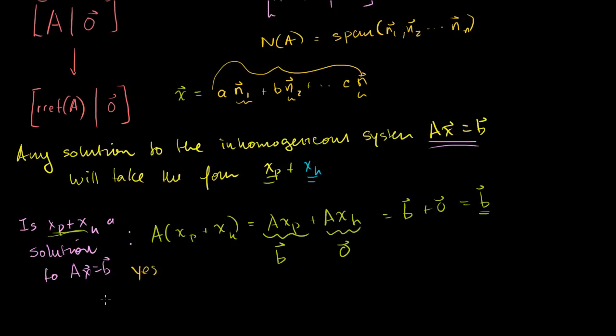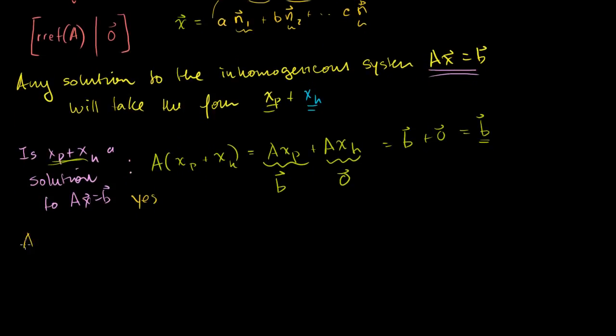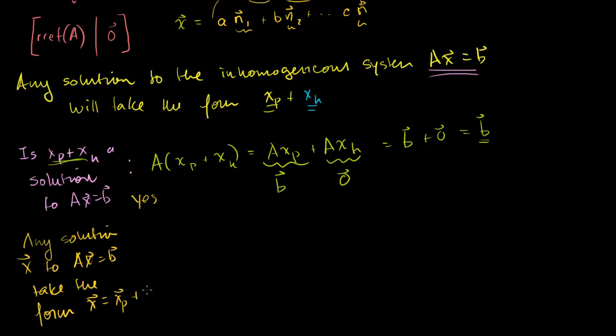Now the next question is, does every solution to the inhomogeneous system take this form? So does any solution x to AX equal to B take the form x is equal to some particular solution plus a member of our null space, or plus a homogeneous solution?